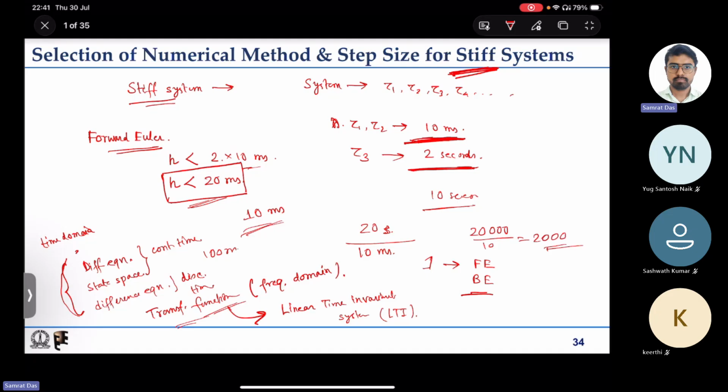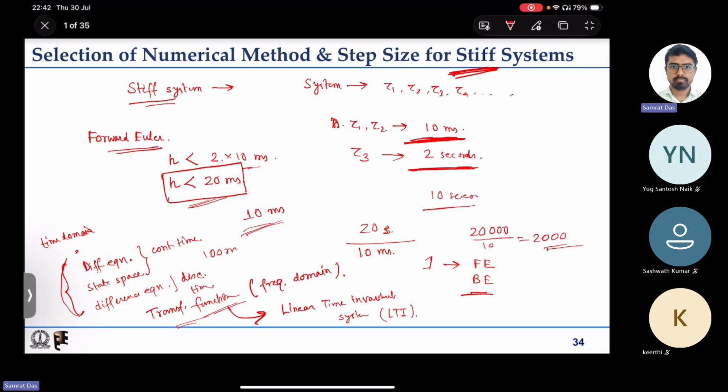So we'll understand why we need to go to the frequency domain, since we already have time domain. We will discuss something about the solution in time domain, and from there we will understand why we need to go into frequency domain and what are the different advantages of that.